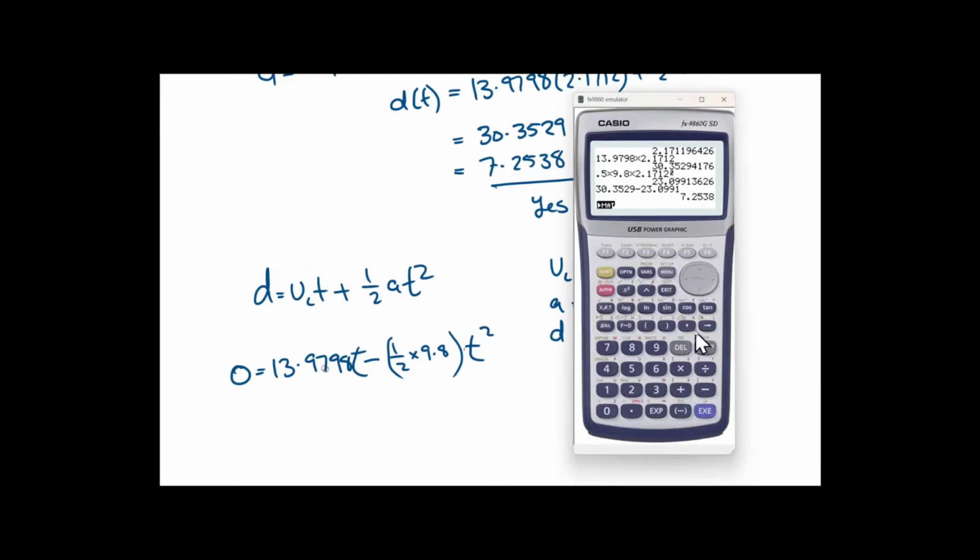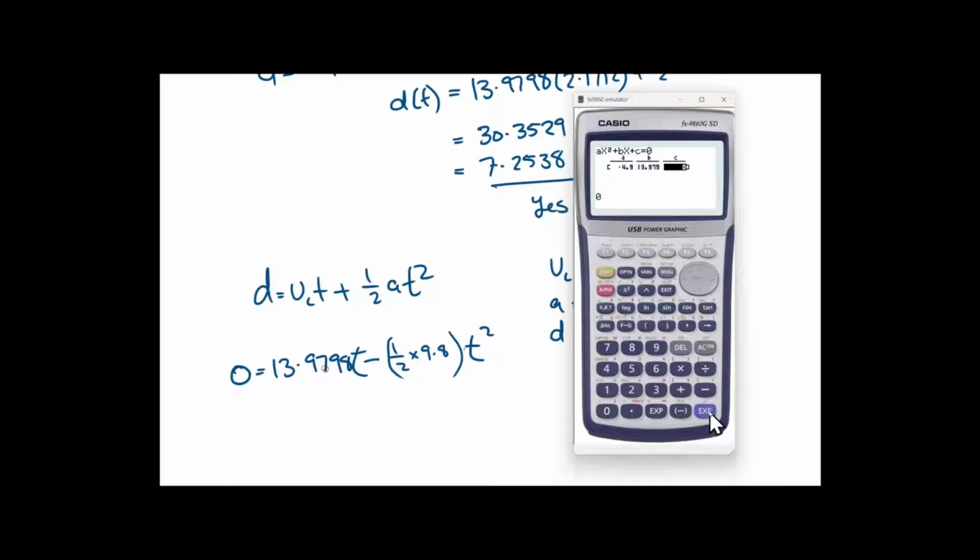Well, I'm not really bothered to do that straight away, so I'm going to use the polynomial solver, degree 2, so 0.5 times 9.8 times -1. It's a negative number, so negative 4.9. And it's going to be 13.9798.